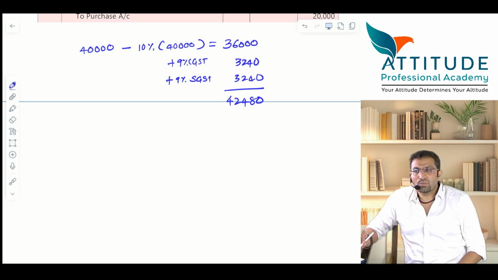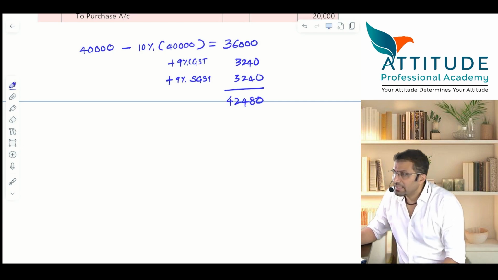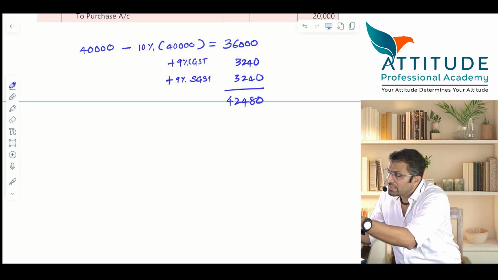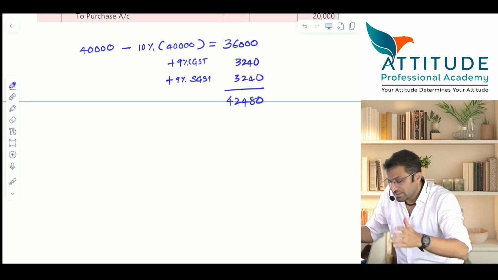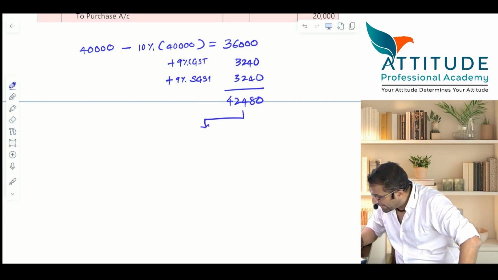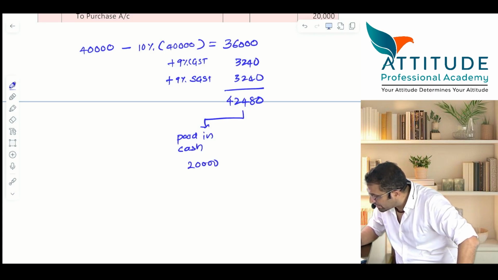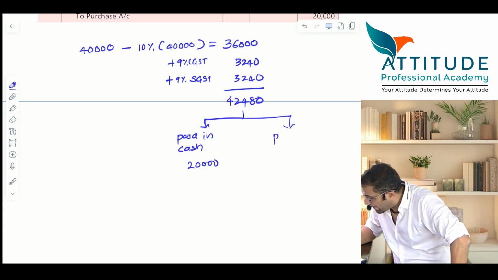Yes or no? Now wait. Have you paid, or only paid 20,000? So out of this paid in cash 20,000. Balance payable, right? How much is payable? 22,480.